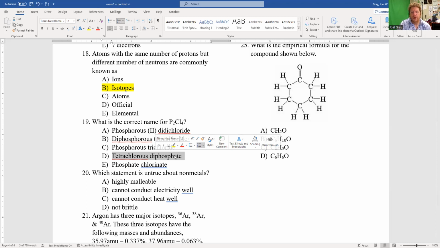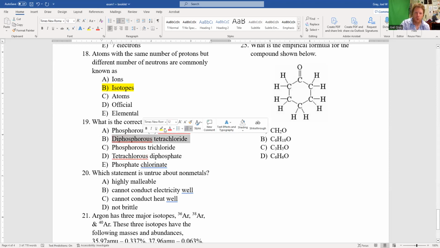So we've got this answer option backwards. In addition to that, that OUS suffix implies we're talking about an acid and a specific acid. So we're not talking about an acid here. And then answer option E, phosphate chlorinate. That's just picking from some different rules and coming up with something that's a little bit wonky. So the best answer for this is answer option B.